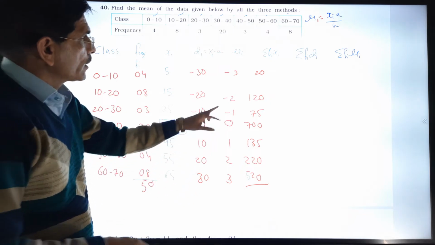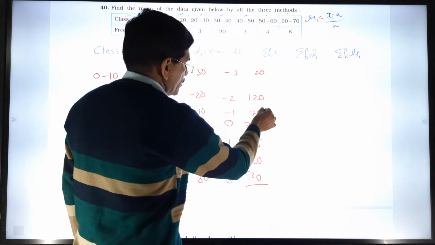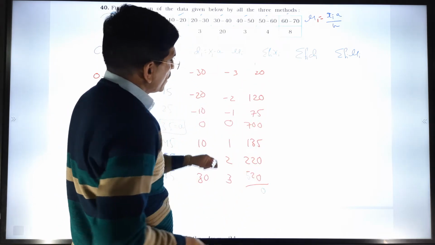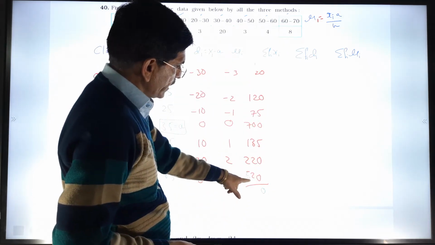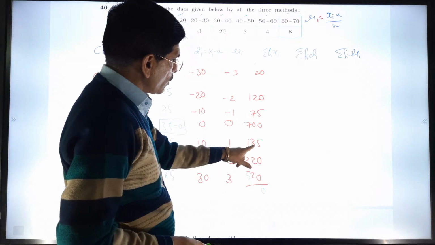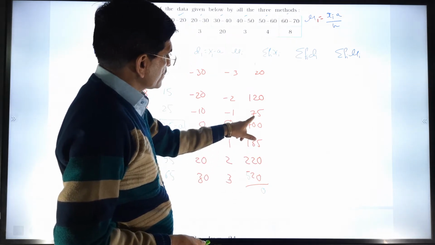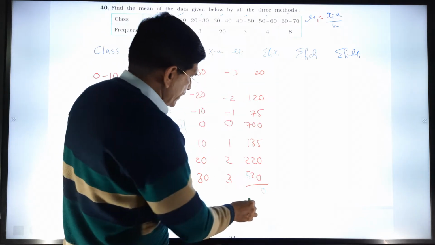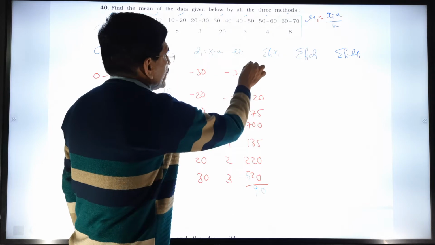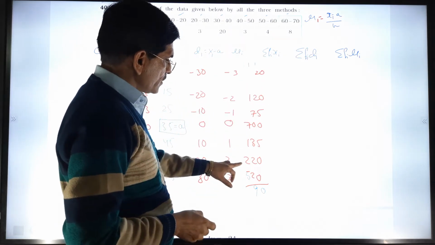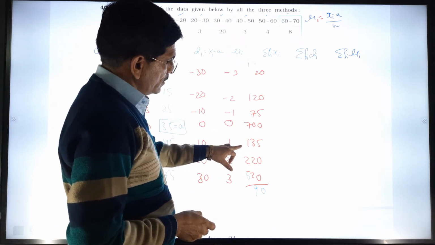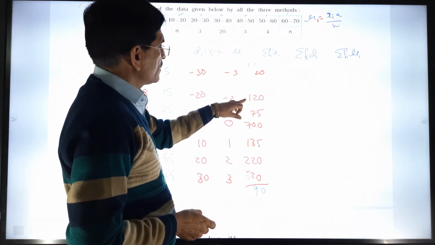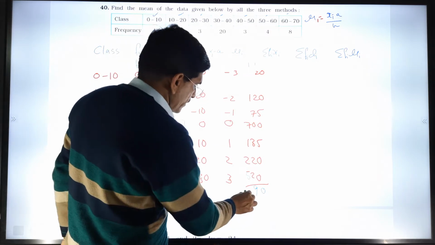Now if I want to do the addition of it, and anyhow we have to get the answer. So total of it: 0, 5, 5, 10 carry 1. Tens place: 2 plus 2 is 4, 4 plus 3 is 7, 7 plus 7 is 14, 14 plus 5 is 19 carry 1. 5 plus 2 is 7, 7 plus 1 is 8, 8 plus 7 is 15, 15 plus 1 is 16, 16 plus 1 is 17.